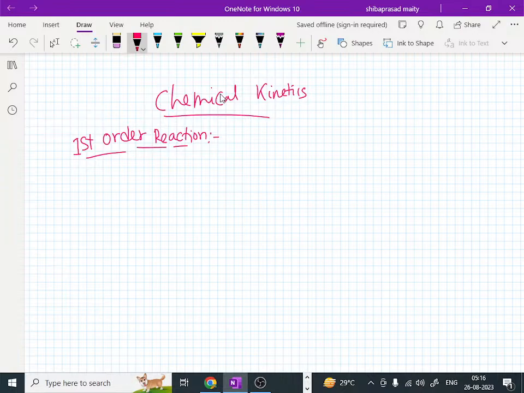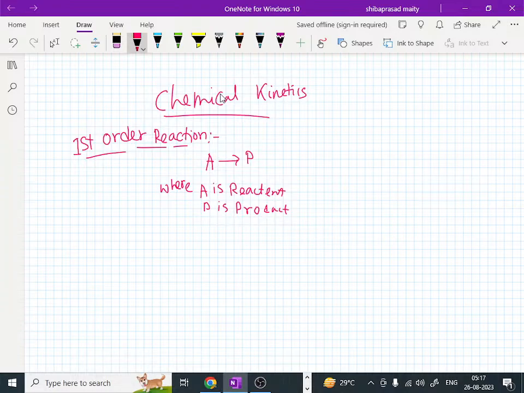So we consider A to B, where A is the reactant and P is the product. In all the examinations, the rate equation is determined.